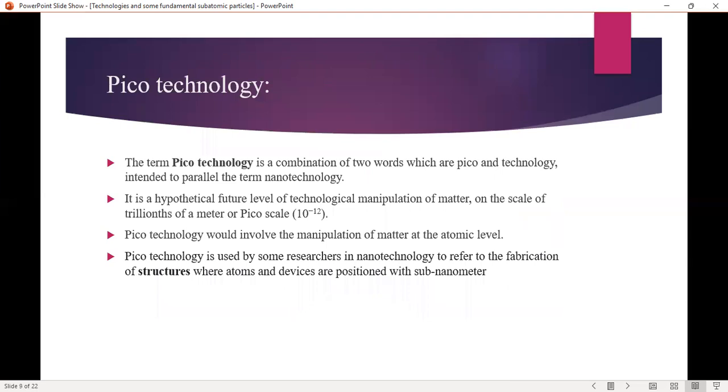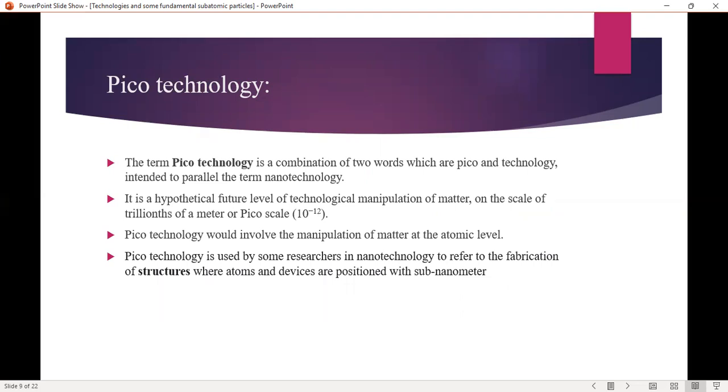Next is picotechnology. The term picotechnology is a combination of two words, pico and technology, intended to parallel the term nanotechnology. If we compare picotechnology with nanotechnology, as we discussed, nanotechnology is 10 to the power minus 9 and picotechnology is 10 to the power minus 12.